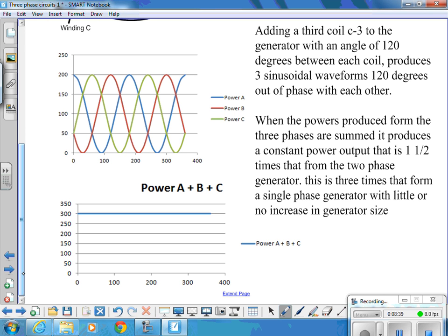And also both the two-phase and the three-phase generator provide an even load to the prime mover, and therefore we don't get the vibration and the mechanical wear that goes with it that we would get from the single-phase generator.